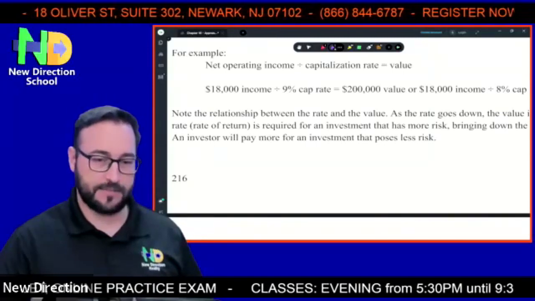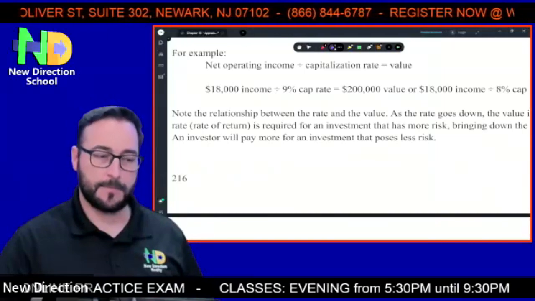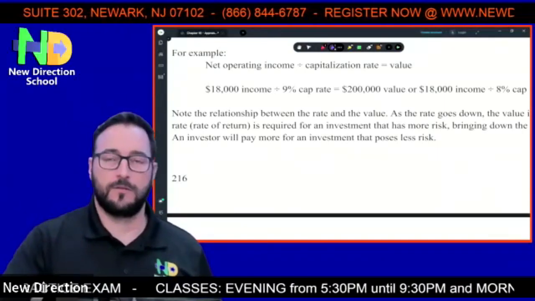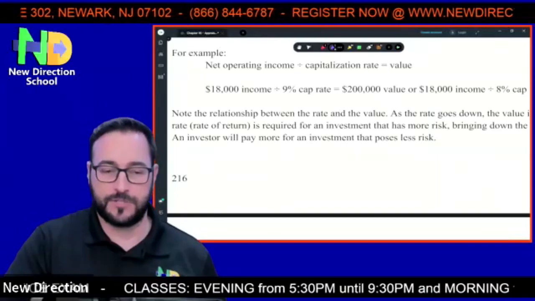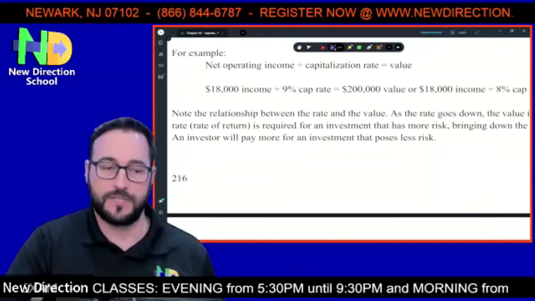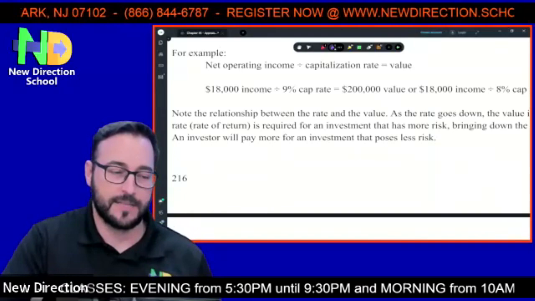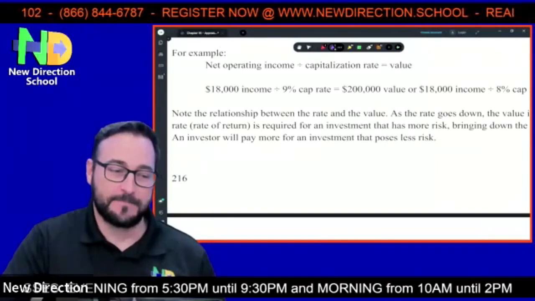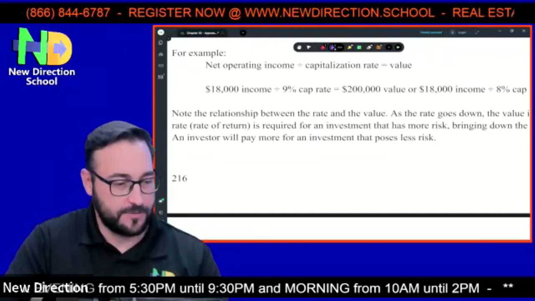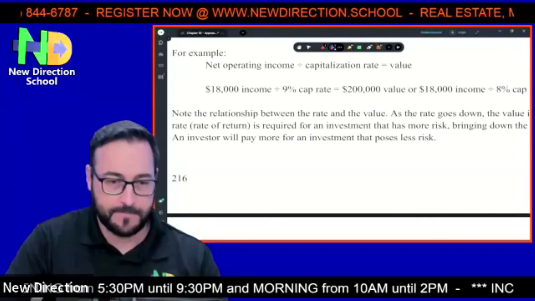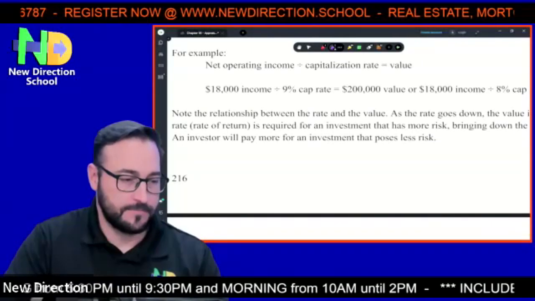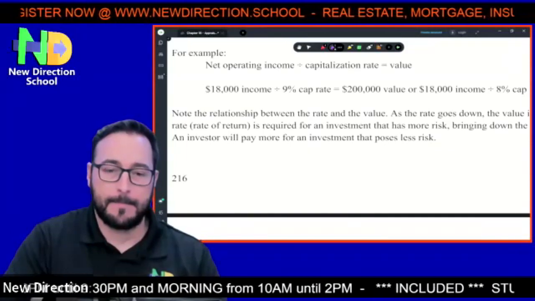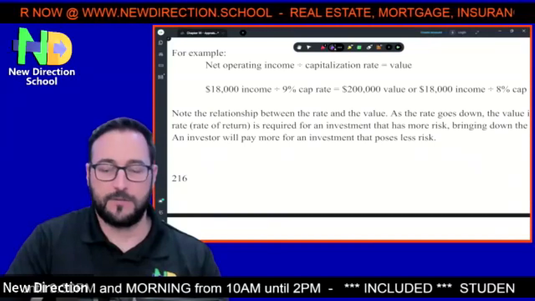Divided by 9%. One of the things that you need to understand, and again, I'm not going to go over in detail, is for the state exam. No, divide by 8%. One is 9%, the other one's 8%.